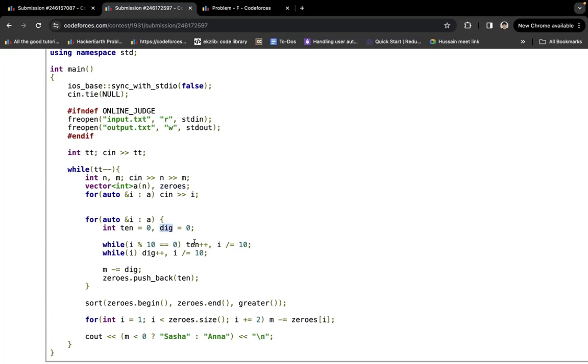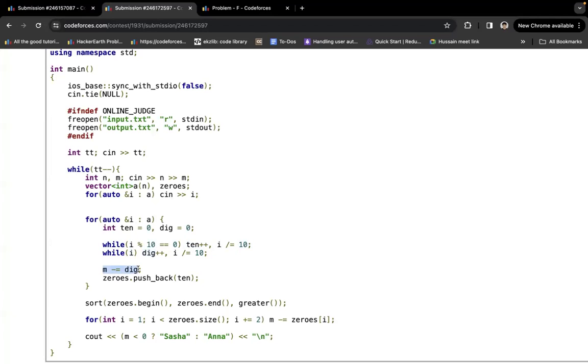But what can you change? The number of tens. So while the number is divisible by 10, basically there is a 0 in the end, I will do tens++ and I will divide i by 10. After this is done, there will be no ending zeros in i. So while i is greater than 0, I will do digit++ and i /= 10.